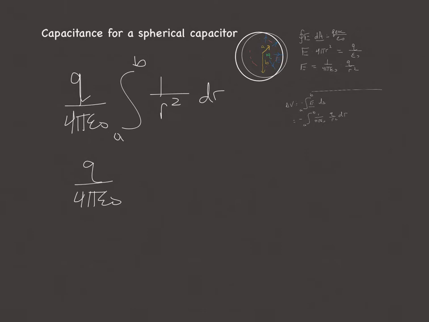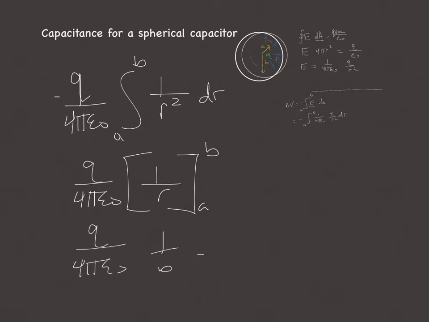So we know that that integral is going to be 1 over r. It's actually going to be negative 1 over r, which cancels out that negative sign, and we're going to evaluate that between A and B. So we have Q over 4 pi epsilon naught, 1 over B minus 1 over A, and again, that is the change in potential.